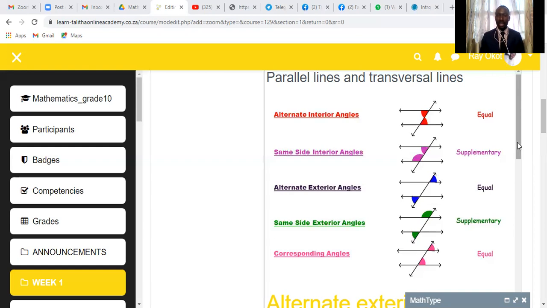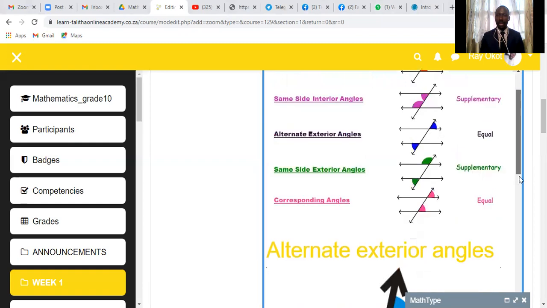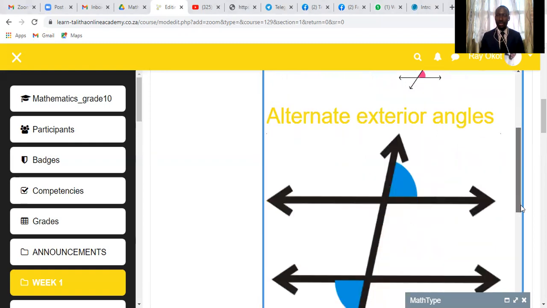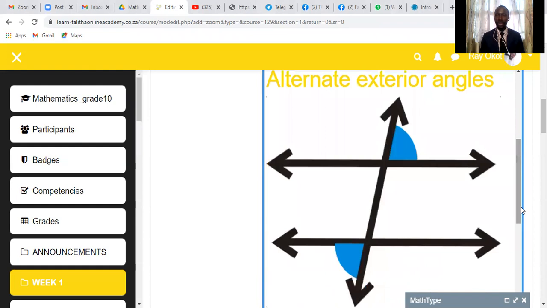I will illustrate that with a much bigger illustration. Here we go. So alternate exterior angles, there are these angles here, this one here in blue and that one. They are known as alternate exterior angles. They are closely related to alternate interior angles in terms of their properties, but they are not the same.